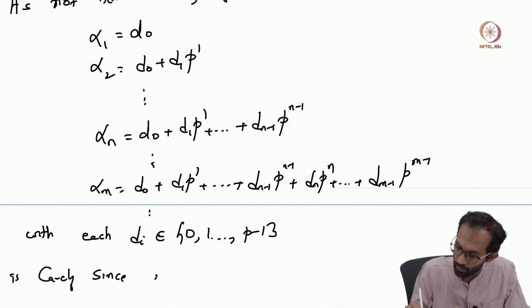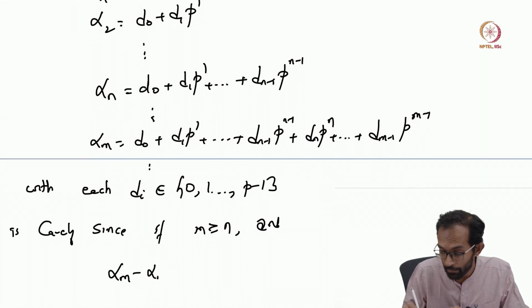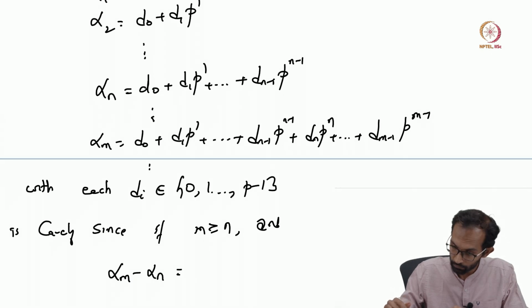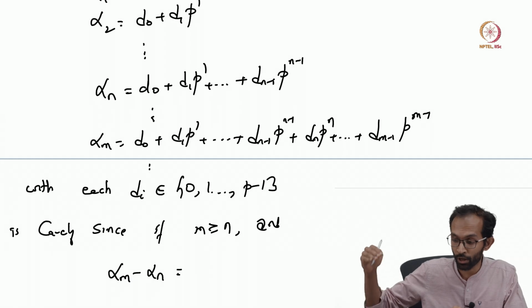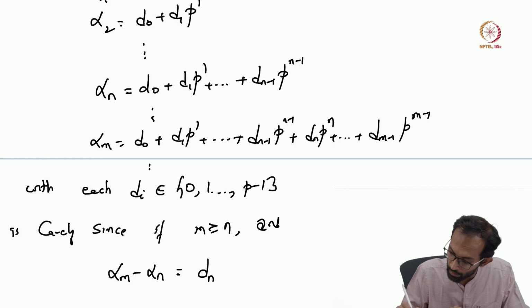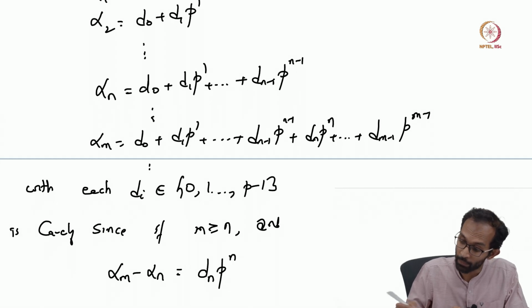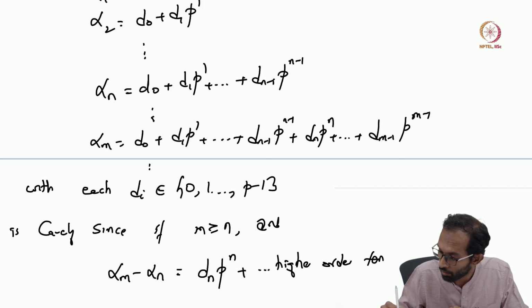since if you take an m that's larger than n and you compute the difference of alpha m and alpha n, you see that all the terms involving powers p raised to 0, p raised to 1, all the way up to p raised to n minus 1, they cancel off. And so you get that this difference starts with this power p to the n plus higher order terms involving p raised to, say, i.